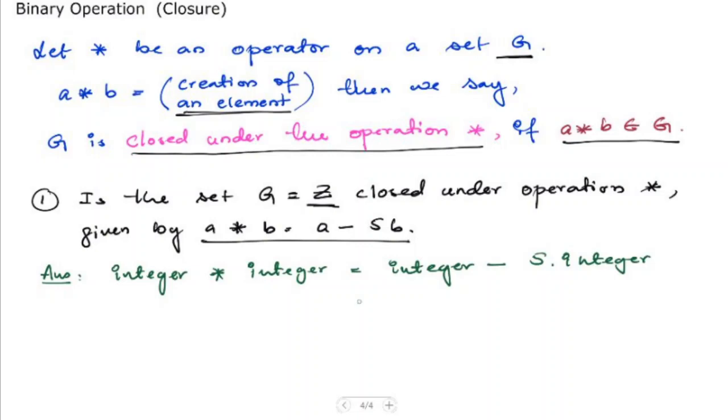So 5 times an integer will again be an integer, and an integer minus an integer will be an integer. Okay, so generally we have proved that yes, this is satisfying.